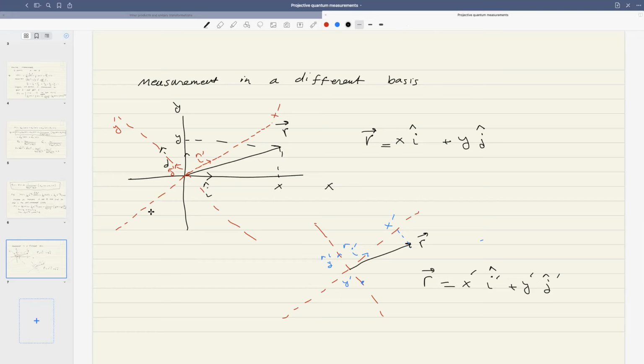Now we can go backward, right? So we said that the result of the measurement provides a basis, but now we can transform the basis, rotate it if you wish in some way. So we get a new transformed basis. And then it turns out that there are going to be other measurements.